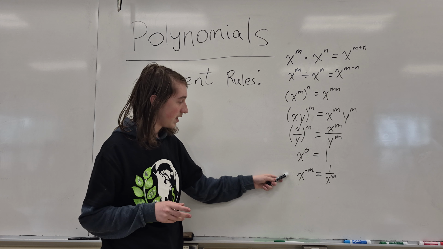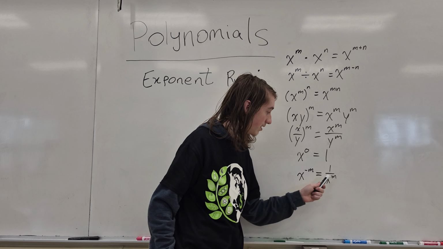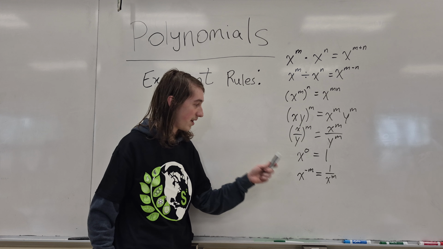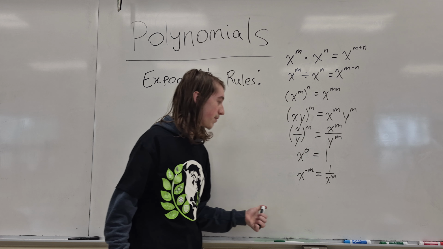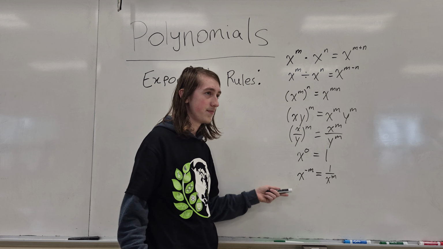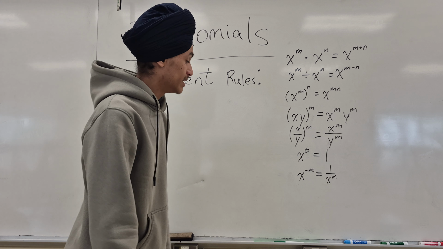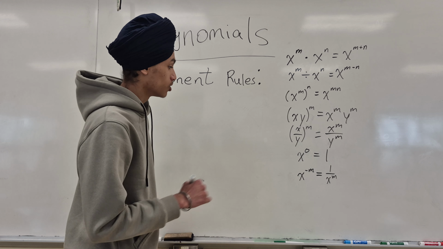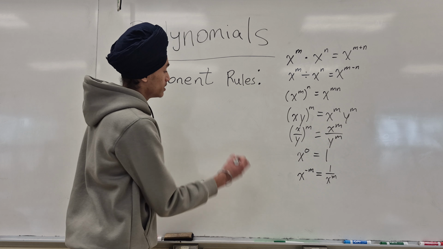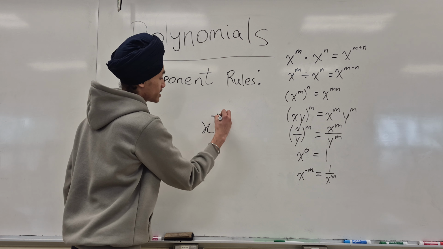And the final one, if you have x to the power of a negative exponent, that's the same as 1 divided by x to the same exponent, but positive. So this one is not easy to explain, but you've just got to remember that. This one is kind of weird to understand, but it's actually pretty easy. So basically it's x with this negative m on the top as an exponent.